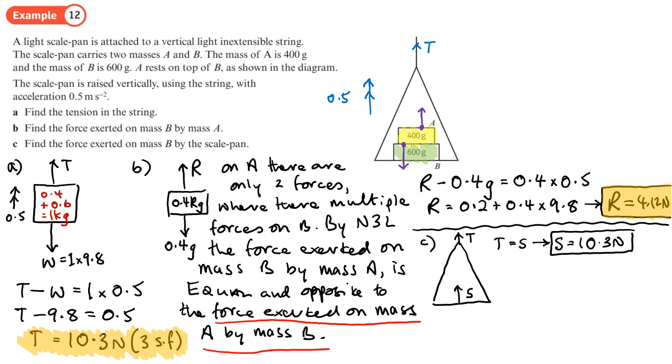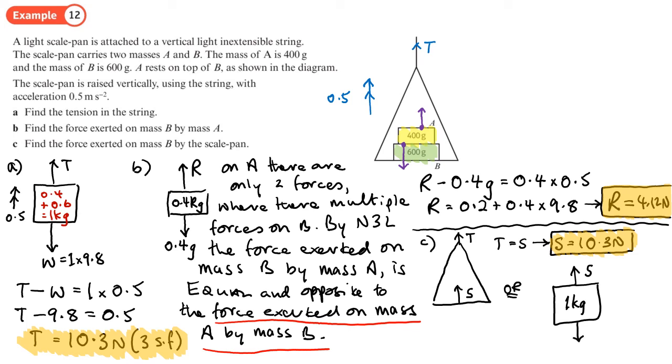Now, if we actually wanted to do some working, we could say, because I'm considering a force that is outside of the two masses, I can clump the masses together to get 1 kg, and say this is the force that's pushing up into B. And then what have I got down here?